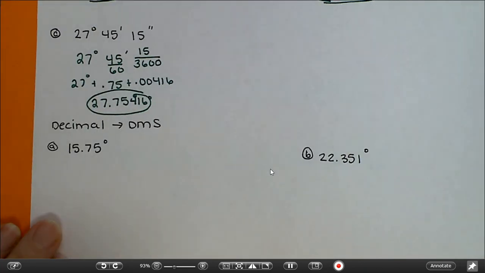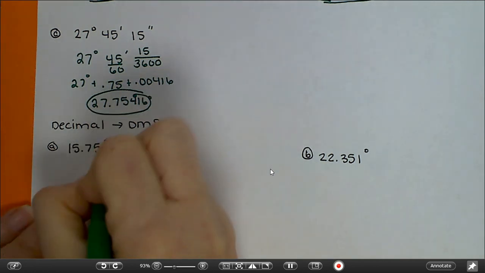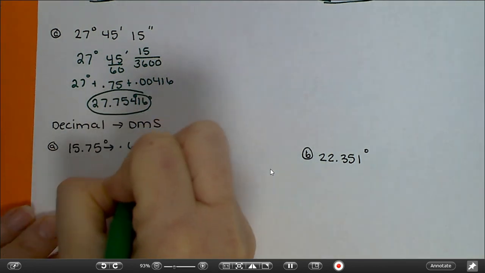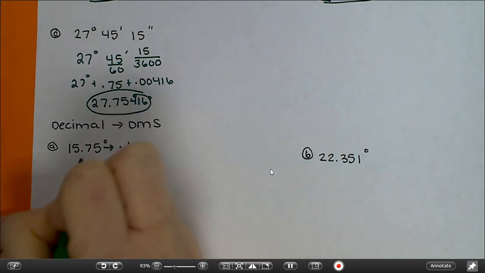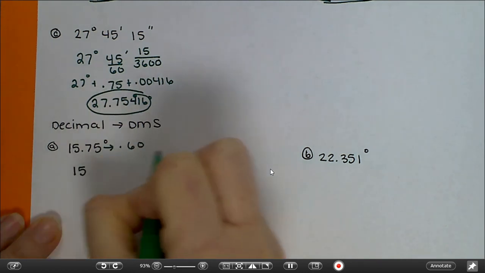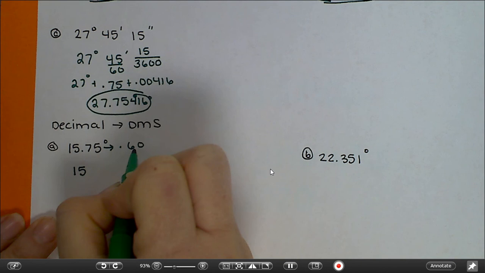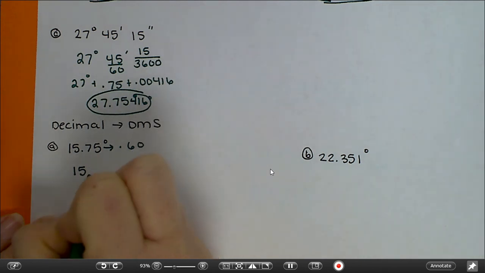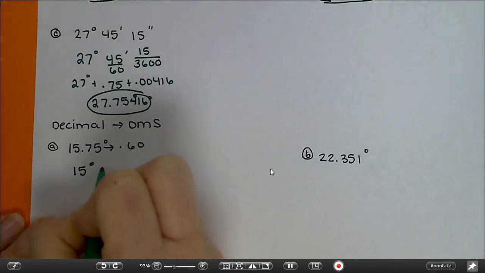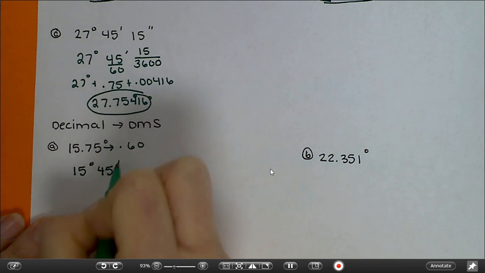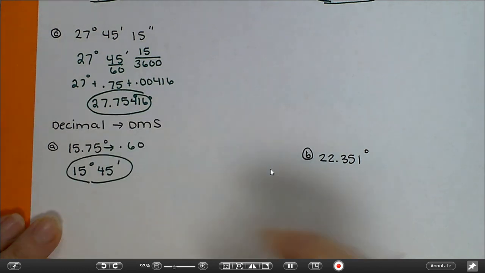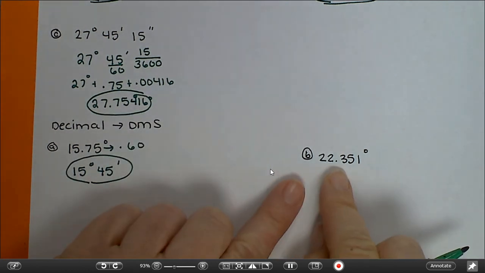Now to go backwards from decimals to degrees, minutes, and seconds, we're going to multiply the decimal part by 60. So 15, and off to the side we did 0.75 times 60, which is 15 degrees, 45 minutes. And here we're going to do that same thing.